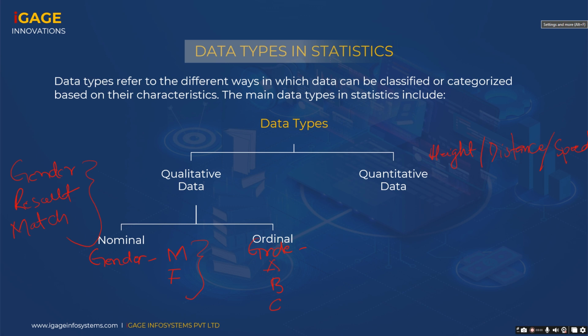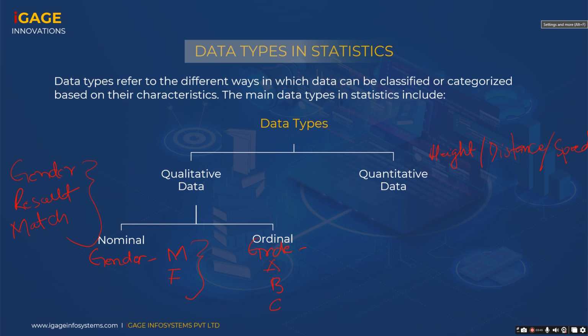Grade B students are between 75% to 85%, and grade C is less than 75%. The good thing about ordinal data is that along with the label, it also has a particular direction. Suppose income, it can be high, medium, and low. So ordinal data is preferred over nominal data.